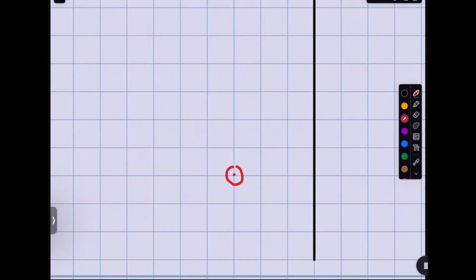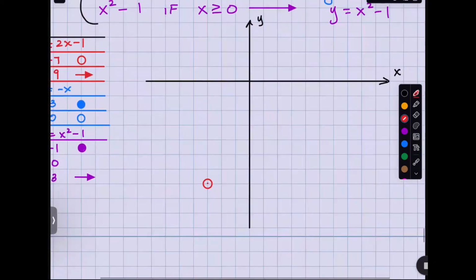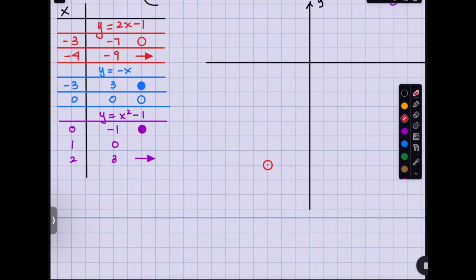And you said open circle, yes? And then -4, -9. Arrow. Everybody see the arrow? Does that make sense? Ask your questions.